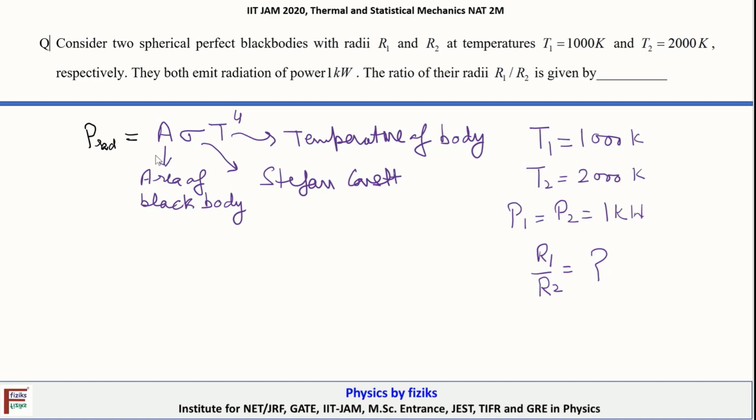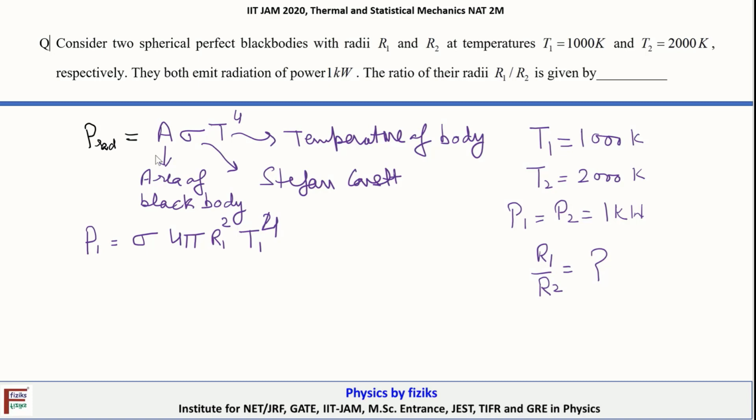Now I can write the power radiated P1 as equal to the Stefan constant, which is common in both cases, so I'm writing it first, and then the surface area, which is 4 pi R1 square, and then the temperature of the respective body to the power 4.